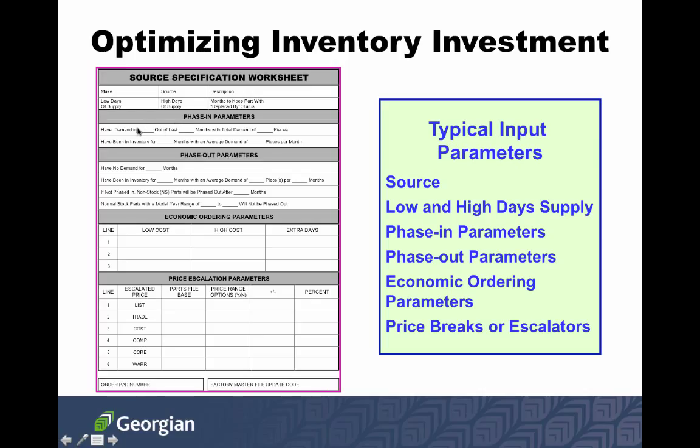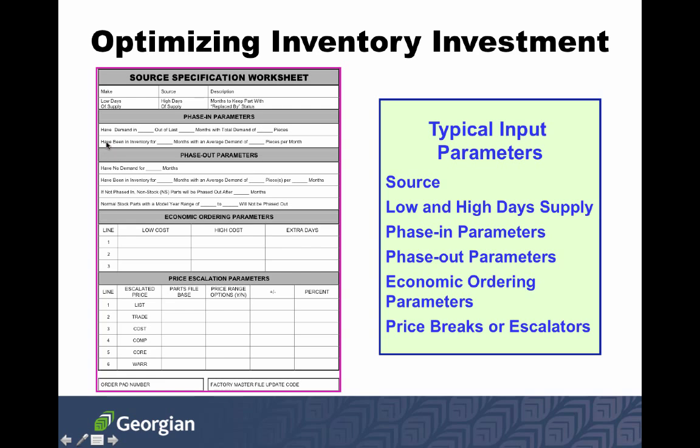Now the phase in parameter, you see here, has demand in X number of months out of the last X months for a total demand of X pieces. So in our additions to inventory qualifier, we've said had demand in 3 out of the last 12 months for a total number of, that could be just one piece or maybe multiple pieces if we want to change the parameters.